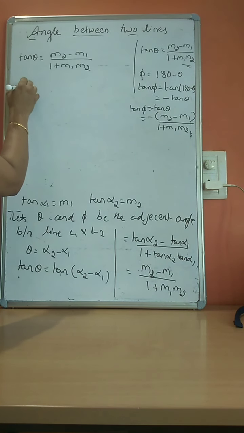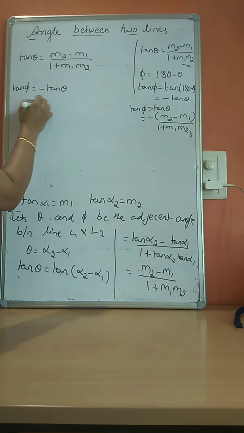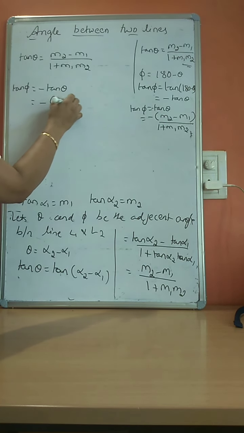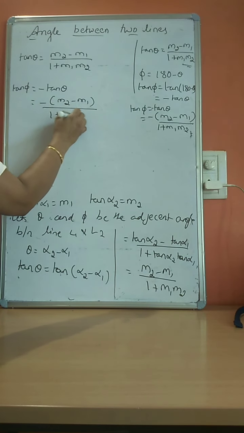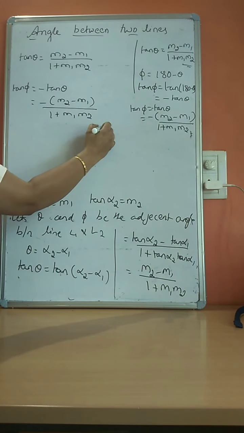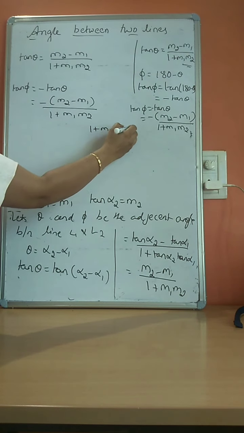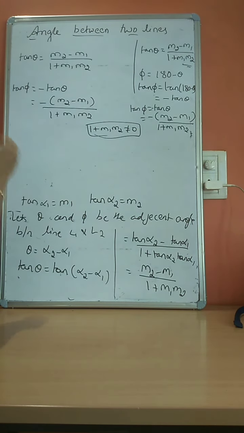Similarly, tan phi must be equal to minus tan theta, this must be equal to minus of m2 minus m1 whole thing divided by 1 plus m1 into m2. So observe, and also we have to remember 1 plus m1 into m2 is not equal to 0. Okay?